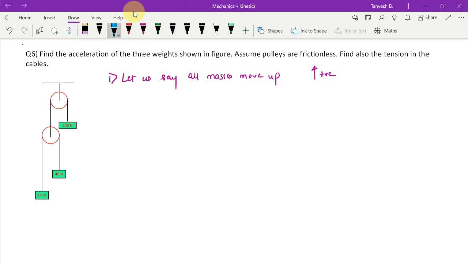write the equation of the lengths. Let me calculate from this fixed point. Till this point, let us say it is XA. If I consider this as A, this as B, this as C, and this pulley also will have a variable length, because this string is also changing in its length when the movement is happening.